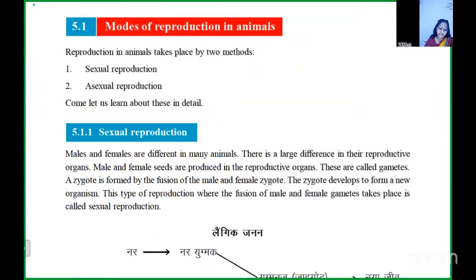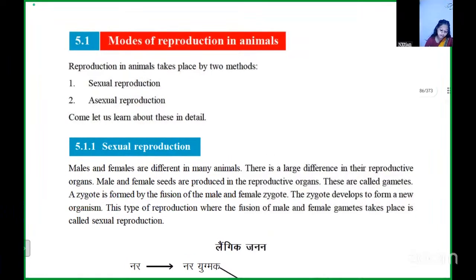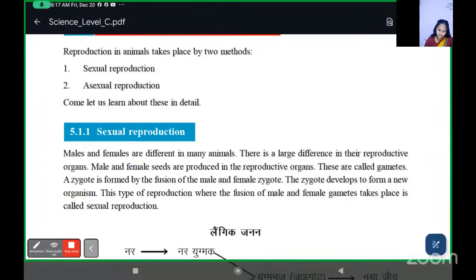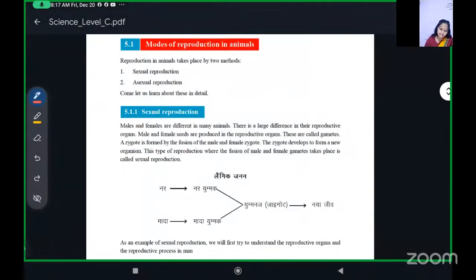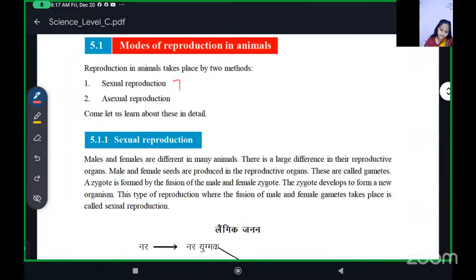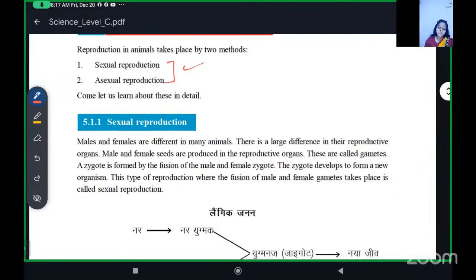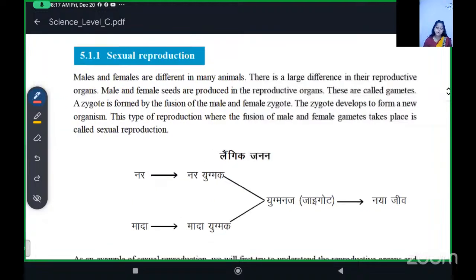This reproduction is of two types: sexual and asexual reproduction. Sexual reproduction is done when male and female seeds are produced in their reproductive organs.